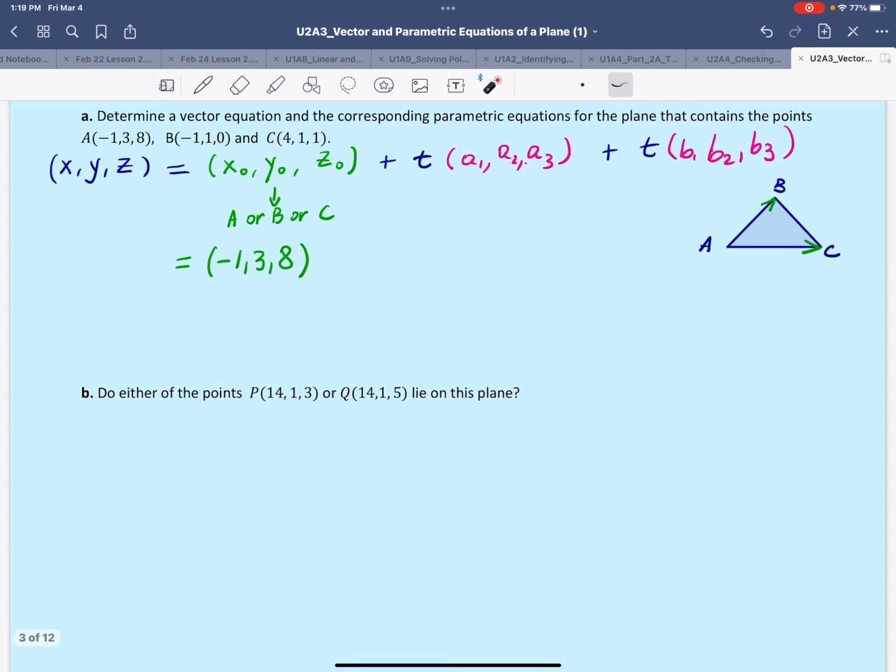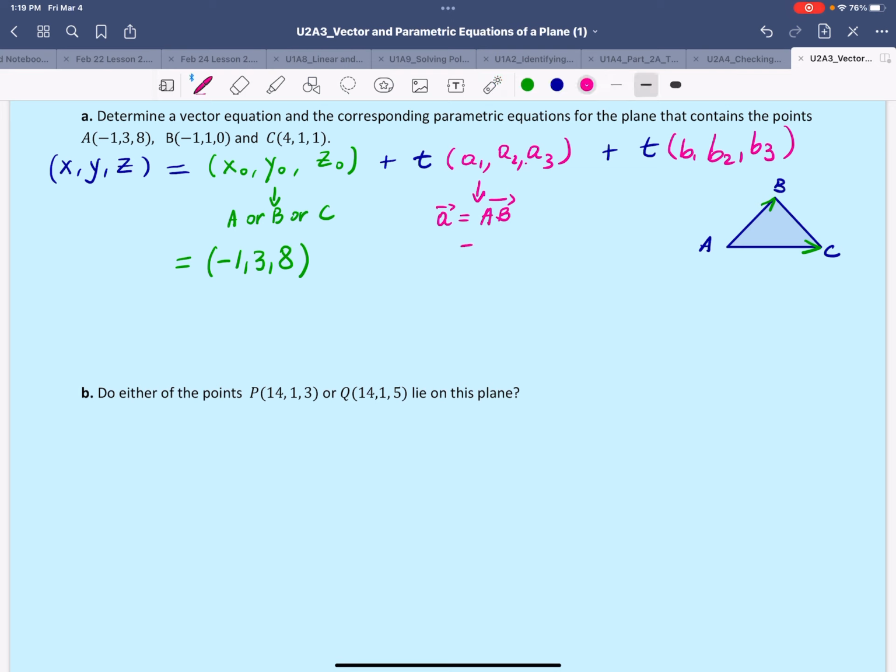For direction vector a, I'm going to choose vector AB. Any multiple of vector AB can be the direction vector a, because we're only interested in the direction, as long as they follow the same line.